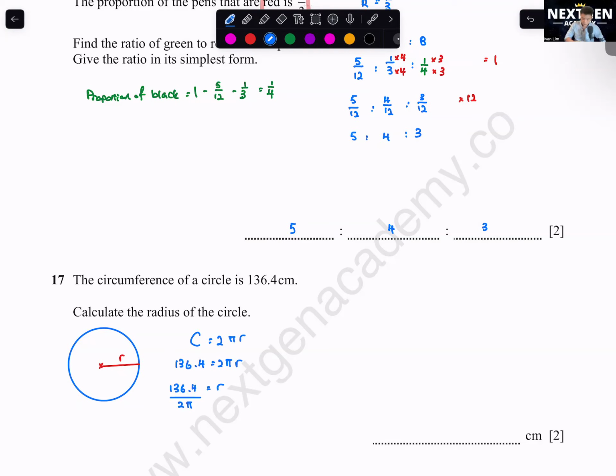Let's type in the calculator: 136.4 divided by 2 pi. We should get 21.7. How many decimal places do we write to? The key is 3 significant figures. Normally this is the instruction for IGCSE, unless they suddenly change it, but it has been this.